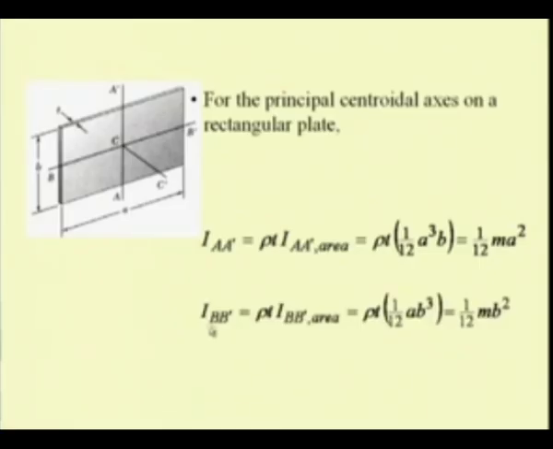In the same way for the other axis, that is B prime, it is rho times T times the second moment of the area with respect to the same axis, that is B prime, and this becomes 1 by 12 m B square.